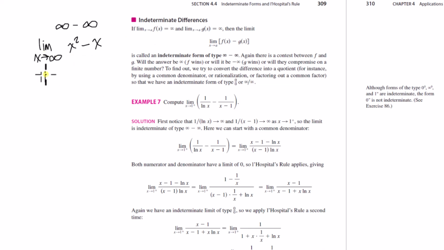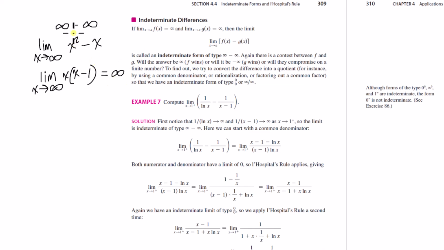In general, what you want to do is try to rearrange the expression to get a determinate form. So you'd factor out an x here. Now you plug in infinity. You get infinity times, then infinity minus 1 is infinity. So you get infinity times infinity. That's not indeterminate. That's equal to infinity. Enormous number times enormous number gives another enormous number.